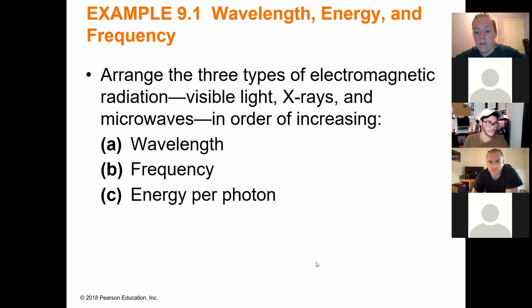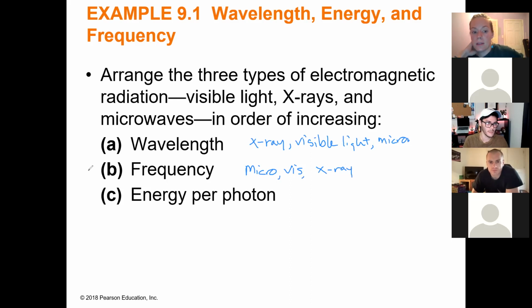The first one is going to be X-ray, then visible light, and then microwave is the longest. We know that frequency is inversely related, so it'll go microwave, then visible, then X-ray, right?